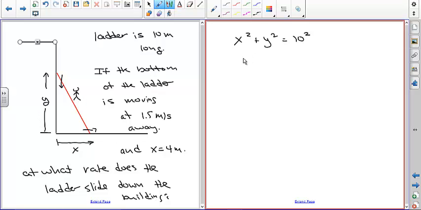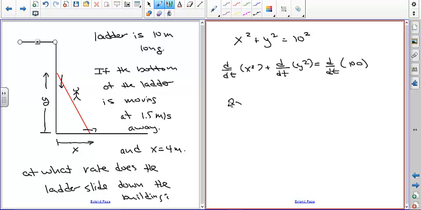So this is geometry. So what we've done in the past is you take the derivative with respect to time of each part of the expression, and because the variable is time and these are x's and y's, we use implicit differentiation.